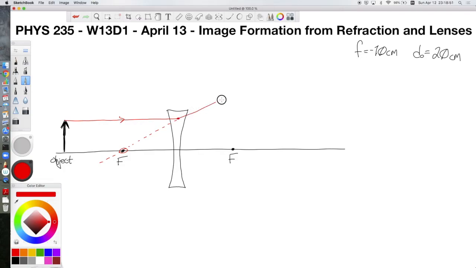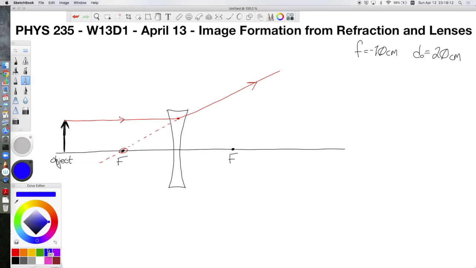And it's along this line that our ray exits the lens. So the ray appears as though it passes through the focal point, but it's the focal point on the left side of the lens instead.